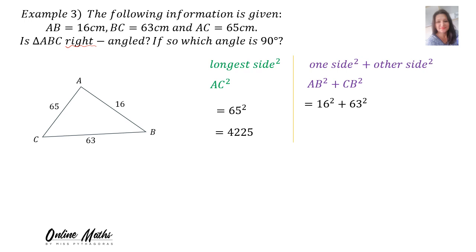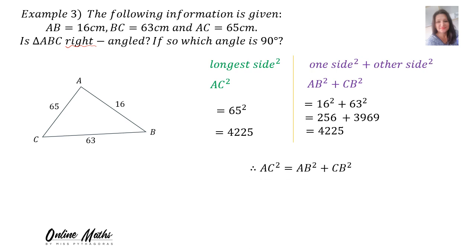Then we will say 16 squared means 16 times 16, which is 256, plus 63 squared, which is 63 times 63, which is 3,969. And when we add the two there, we end with 4,225.